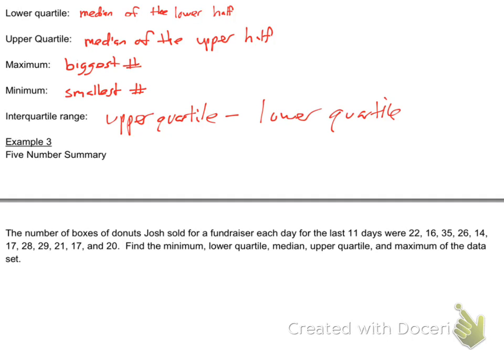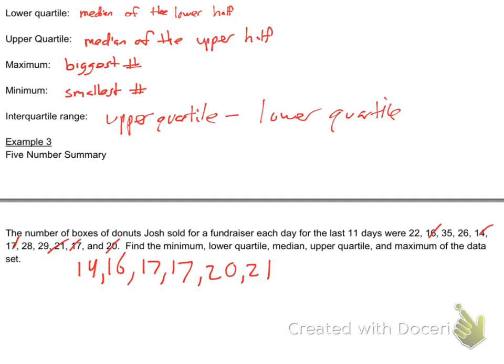What is the lowest number? 14. So, it's a 14. 14's gone. Next. 16. A 16, gone. Next. 17, twice. Next. 20. Next. Oh, there's a 21.